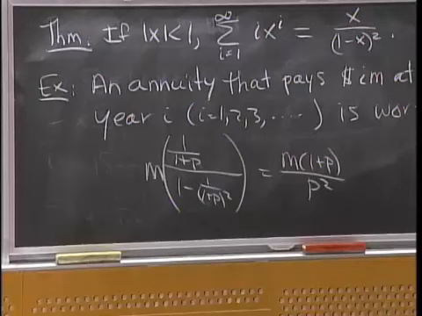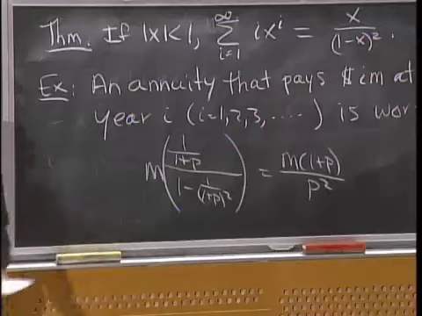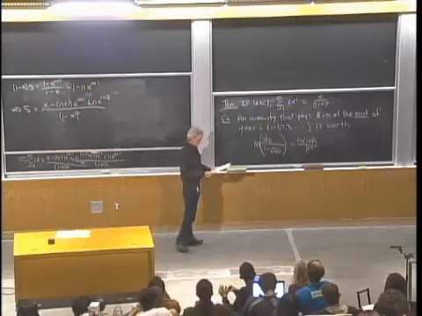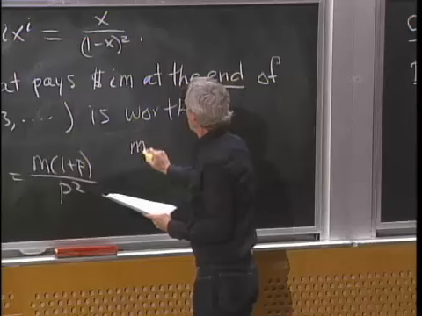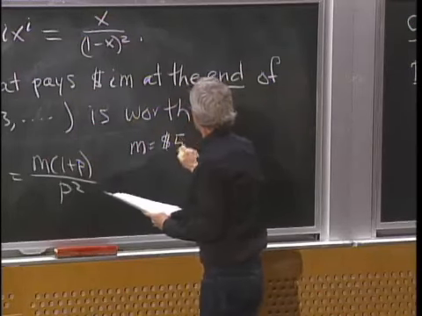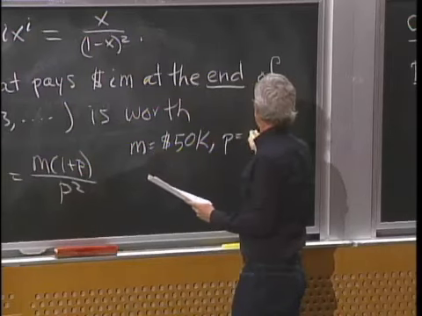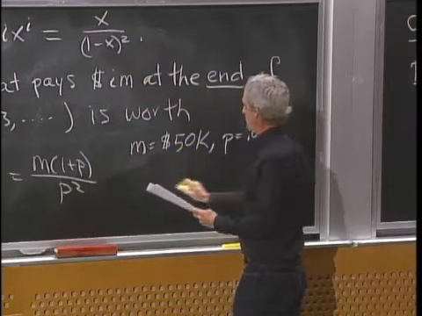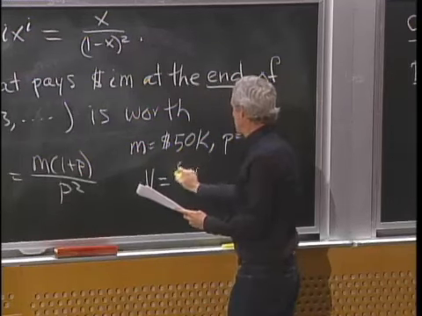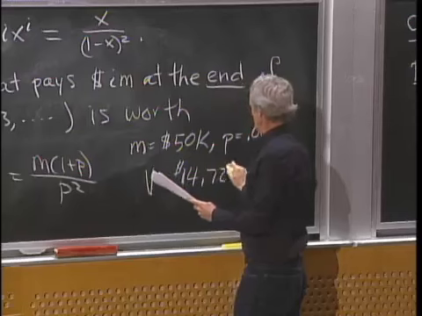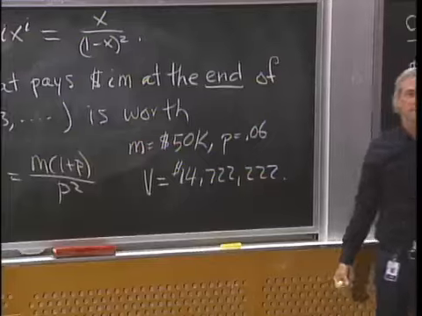So it's possible with a very simple formula to figure out how much you should spend to buy this company, what its value is today. For example, say the company was adding $50,000 a year in profit. The interest rate was 6%. The value of this company is $14.7 million, just plugging into that formula.